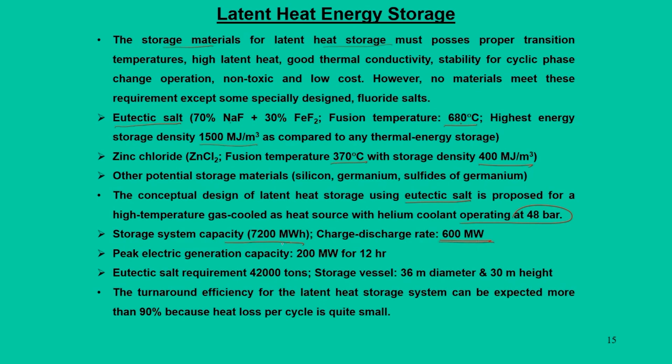So, it means that you store this energy, but during charging and discharging it can operate at 600 megawatt power. Through this process one can think of getting 200 megawatt power for about 12 hours.